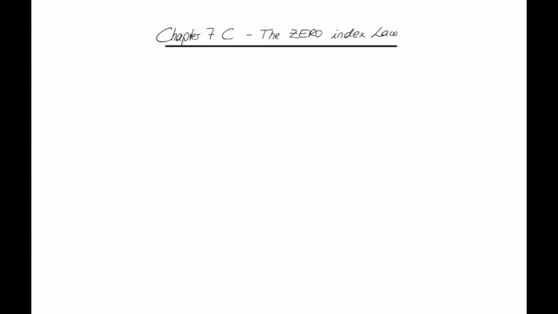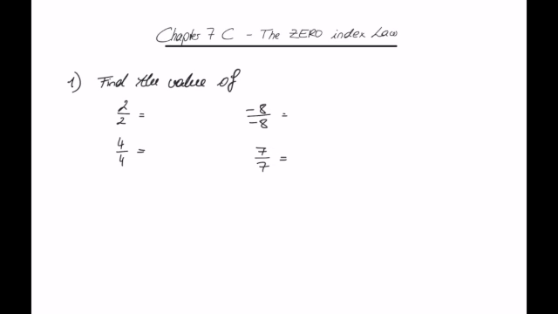So I would like you to find the value of 2 over 2, 4 over 4, negative 8 over negative 8, 7 over 7, 57 over 57, 25 over 25.